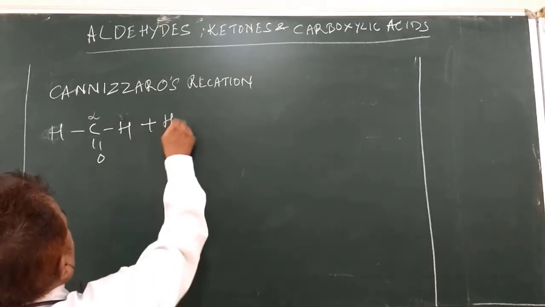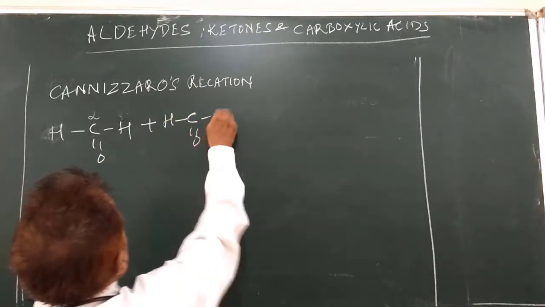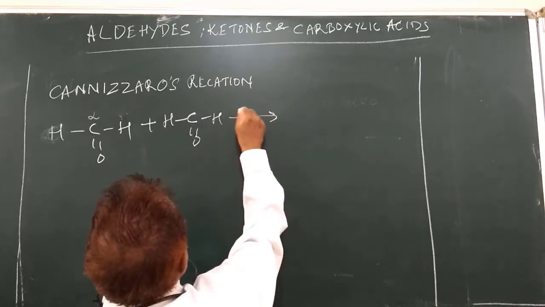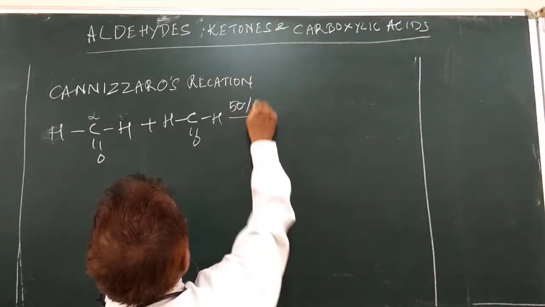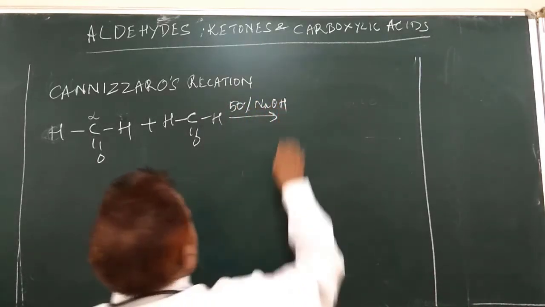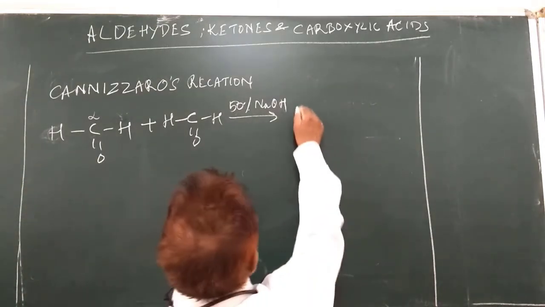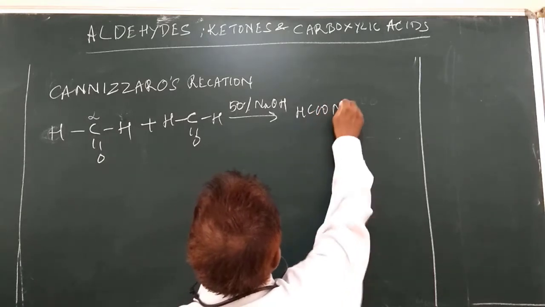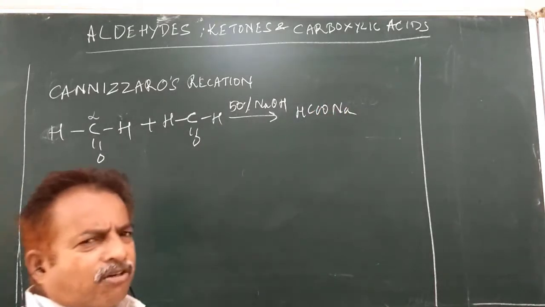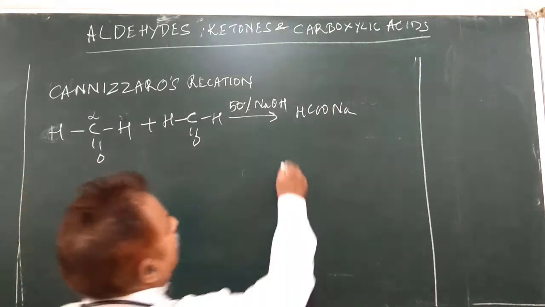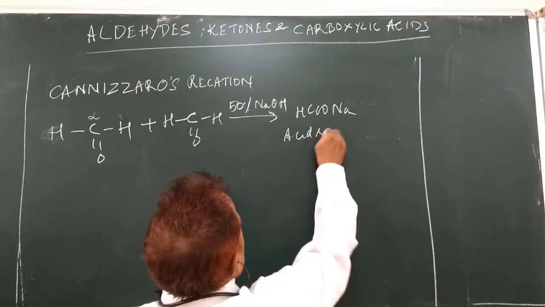In the presence of 50% alkali NaOH, one molecule undergoes oxidation and one molecule undergoes reduction. This is HCOONa, the molecule which undergoes oxidation and forms an acid salt.